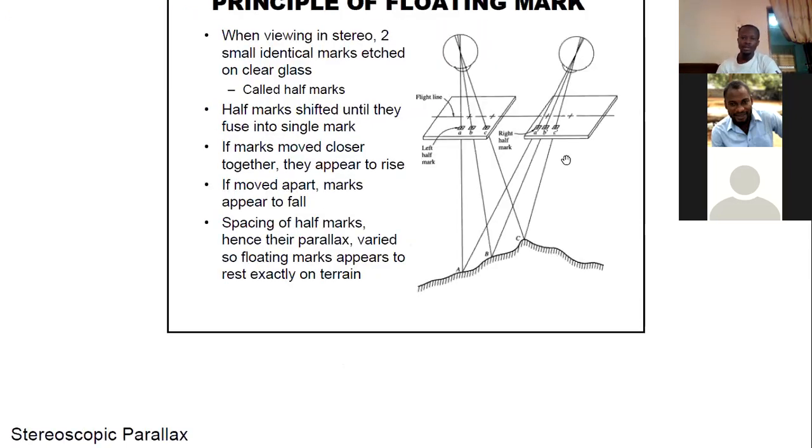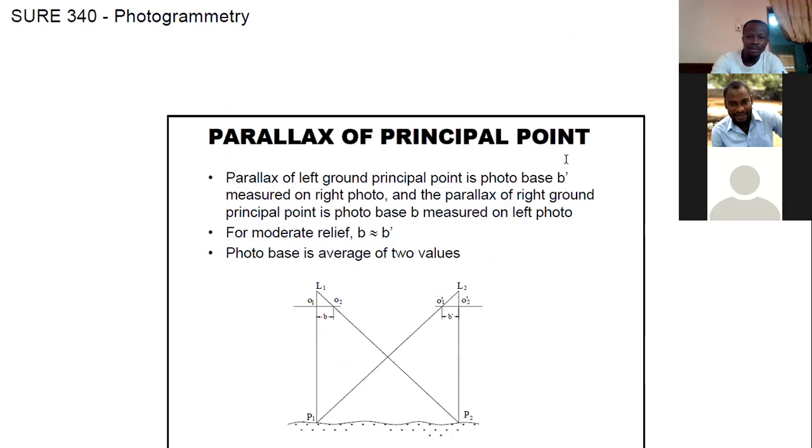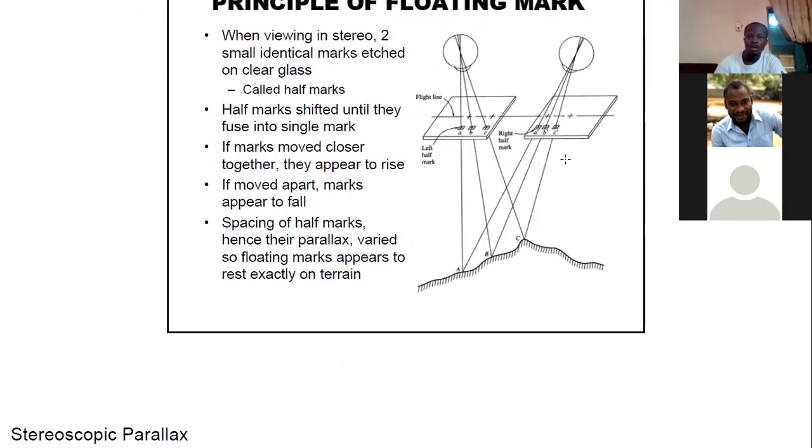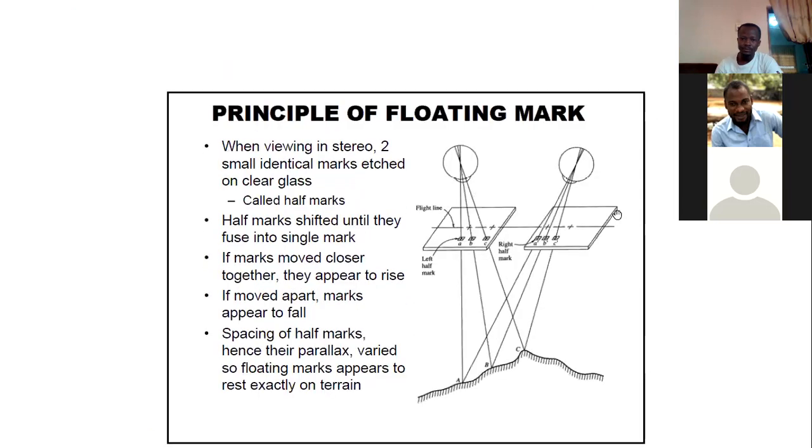All right, stereoscopic parallax. Before we talk about that, the principle of the floating mark. The principle of the floating mark is kind of elusive. In other words, we try to view in stereo by placing two identical marks which have been etched, meaning permanently marked, on clear glass.